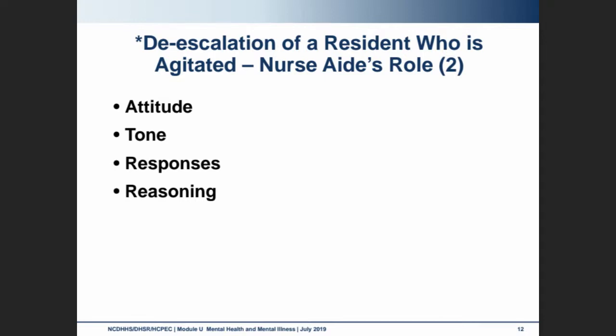We do want to be honest. If we lie to a resident who's agitated, they're just going to lose trust in us, and that's going to cause agitating situations to actually be worse if they have learned to not trust us or learned that we have lied about something.